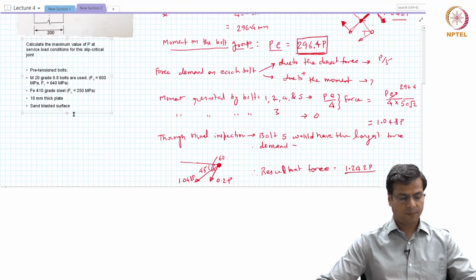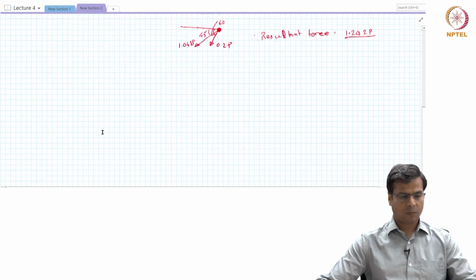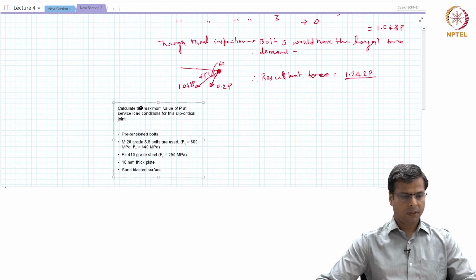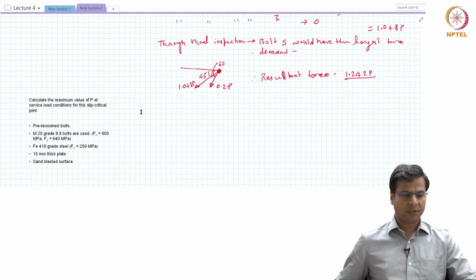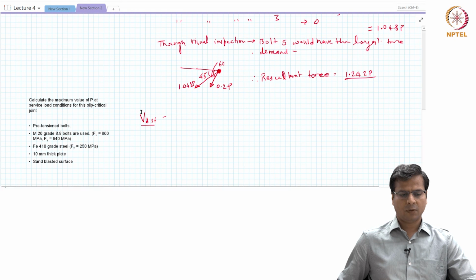So capacity will depend on what type of bolt it is, what type of pretension we have applied, and what type of surface it has. So if you remember, VDSF was the term used for calculating the design strength of a friction grip bolt.